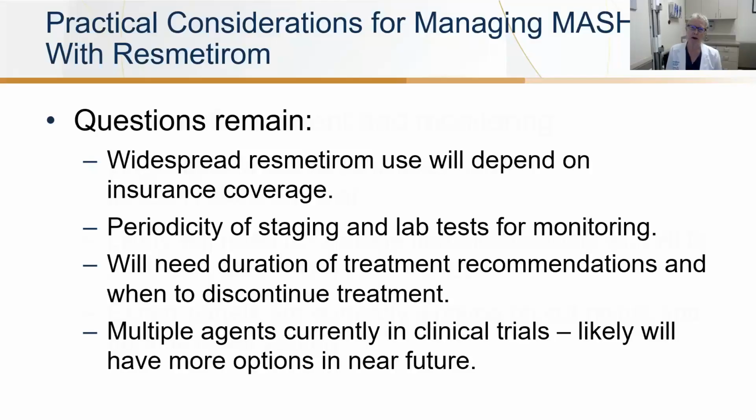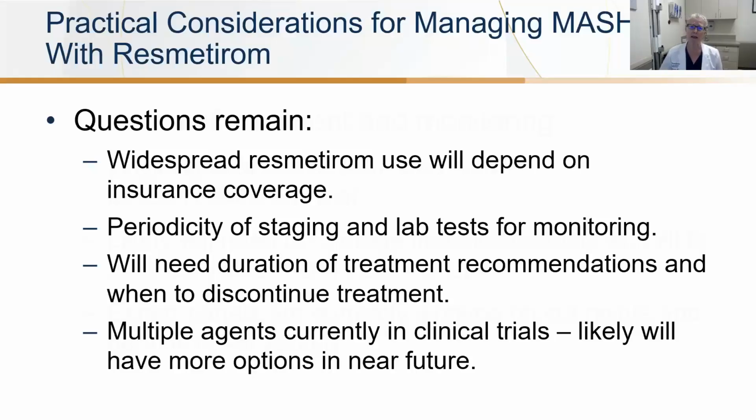But then from that point, you could order the FibroScan, which is the VCTE, the vibration controlled transient elastography. And then this periodic staging, you know, if a patient has some meaningful weight loss, then I'll go ahead and repeat these testings for you. You know, the liver fibrosis, the blood test, and then the FibroScan.